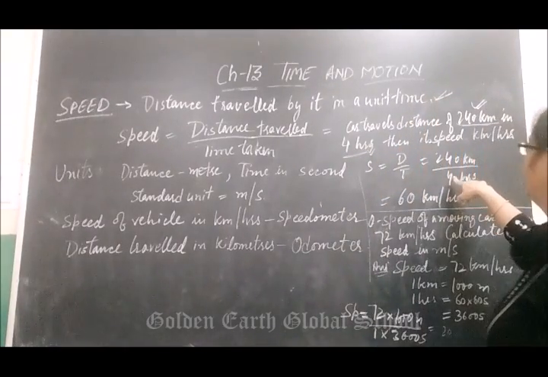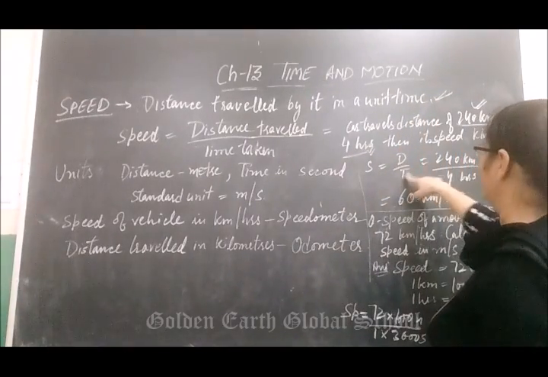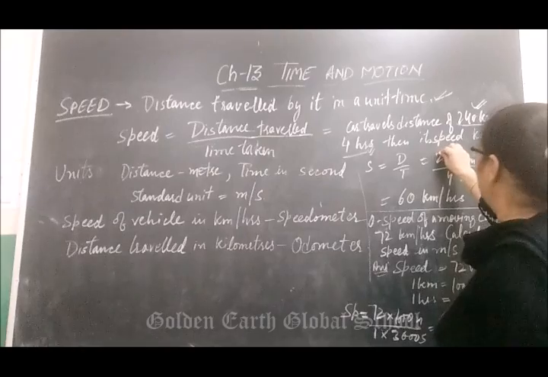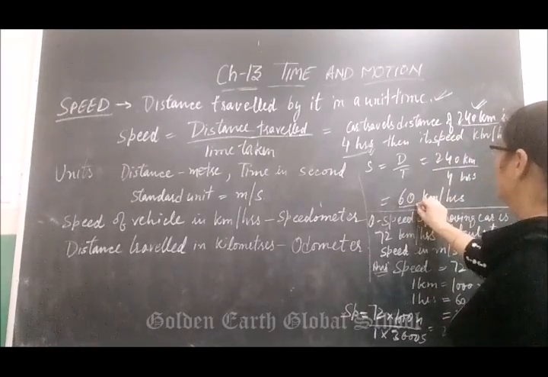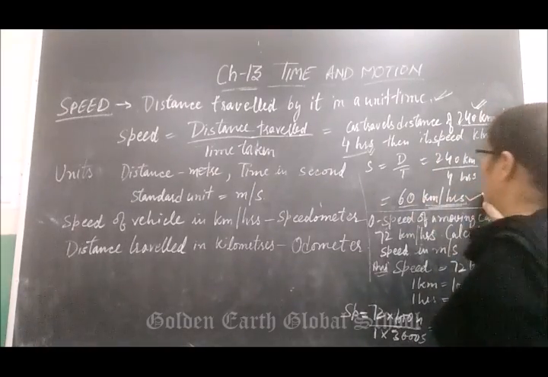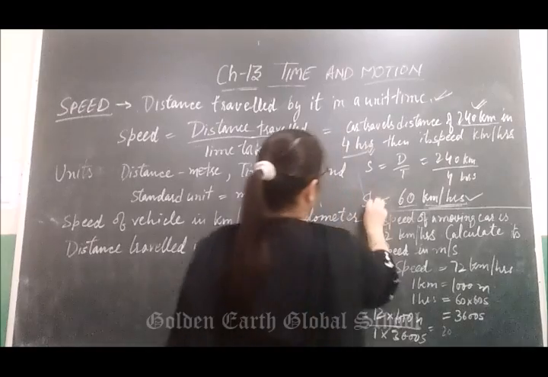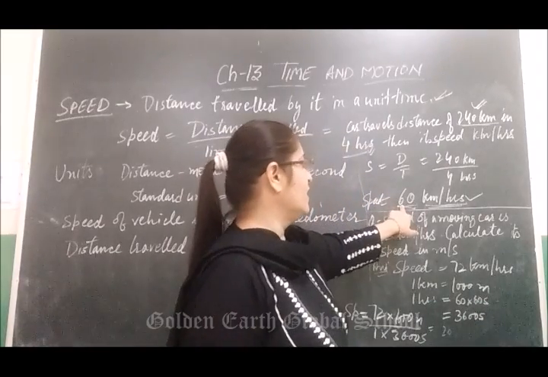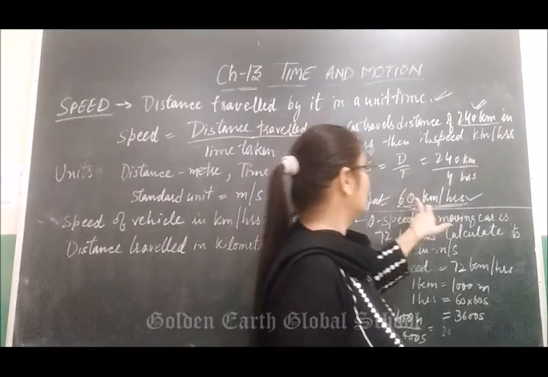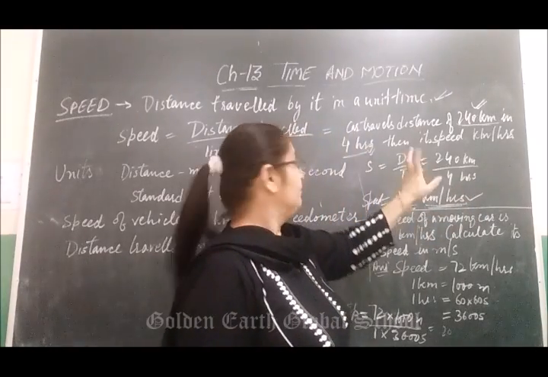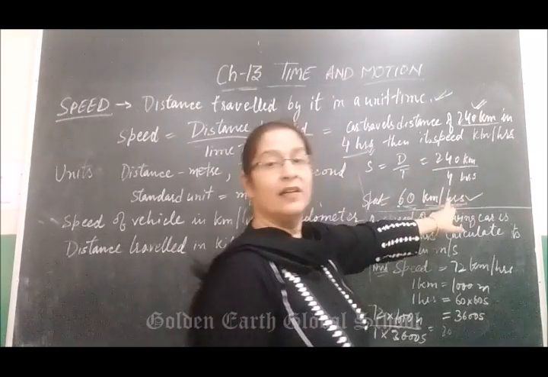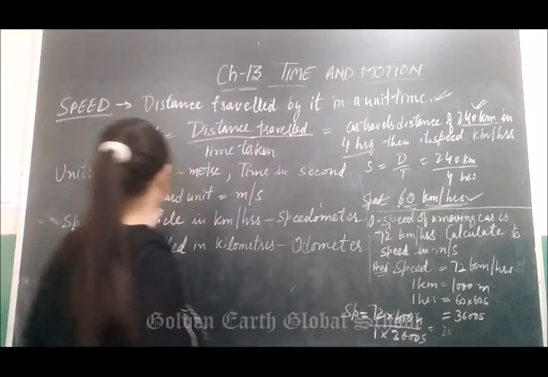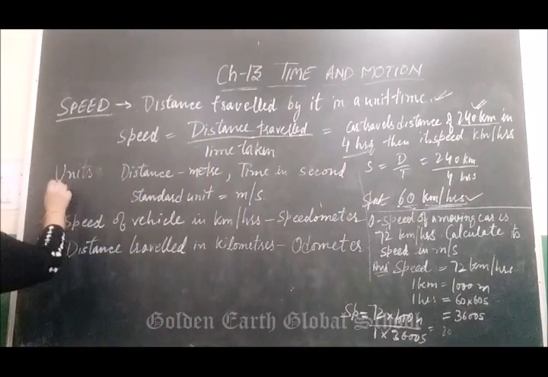So we can write 4 in place of time, and the answer is 60 kilometers per hour. It means the speed of the car is 60 kilometers per hour, that is, in 1 hour it will cover 60 kilometers. Clear?